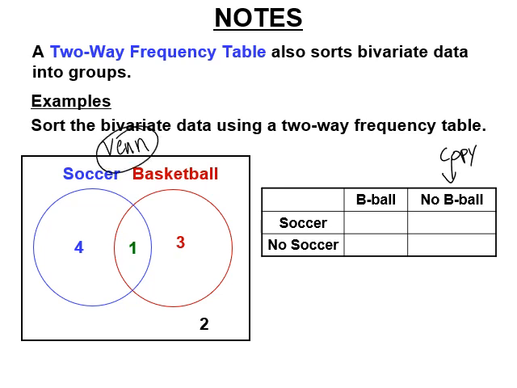So 2 people played no soccer and no basketball. So that 2 goes right there. Fill in the rest. So there was 1 person who was yes for soccer and yes for basketball. That 1 goes there.